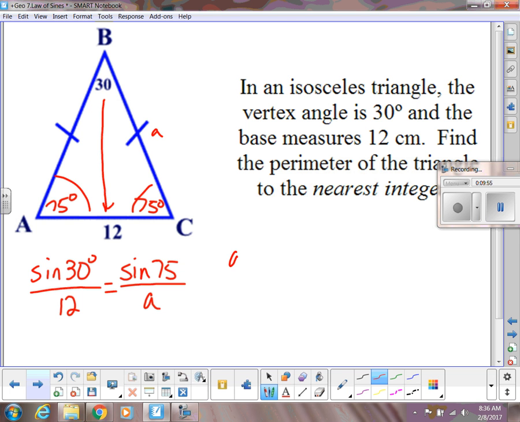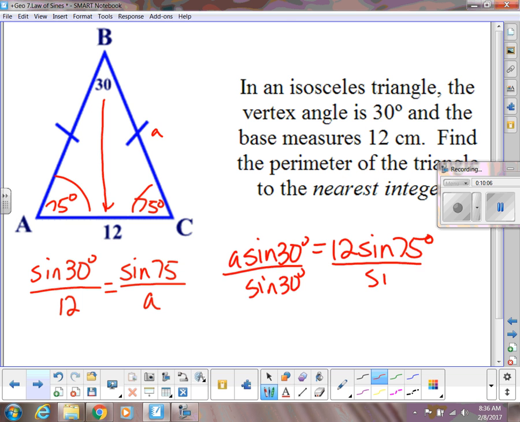All right, so cross multiply, divide. Type that in. And I'm getting roughly about 23.2 for A. So this is 23.2, this is 23.2.